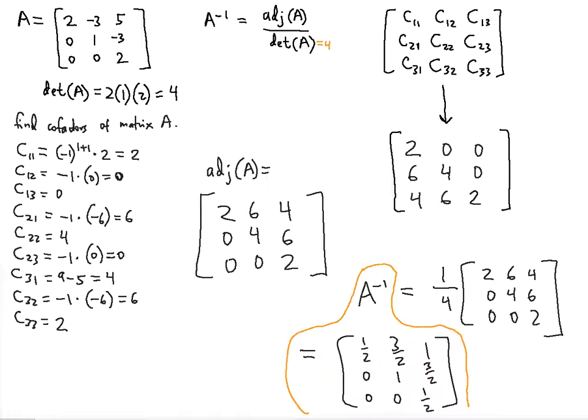And once again, if you're confused about this, some texts write it as 1 over the determinant of A multiplying the adjoint, because you're not going to divide the matrix by the determinant; you're rather going to multiply the matrix by 1 over the determinant, which is 1/4. I just wrote it this way because it was simpler, but in reality most texts give you this formula for the inverse.